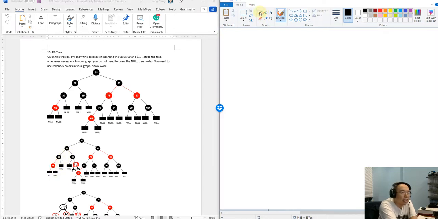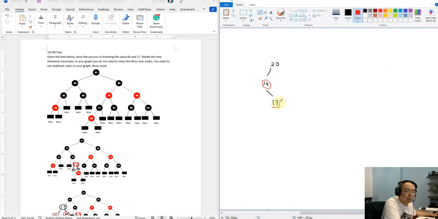So what we are going to have is the 20. Okay, let me make it bolder. So we have the 20, and then on the left side, we have a 16. But this 16 is going to be a red value. And then we have a 17.